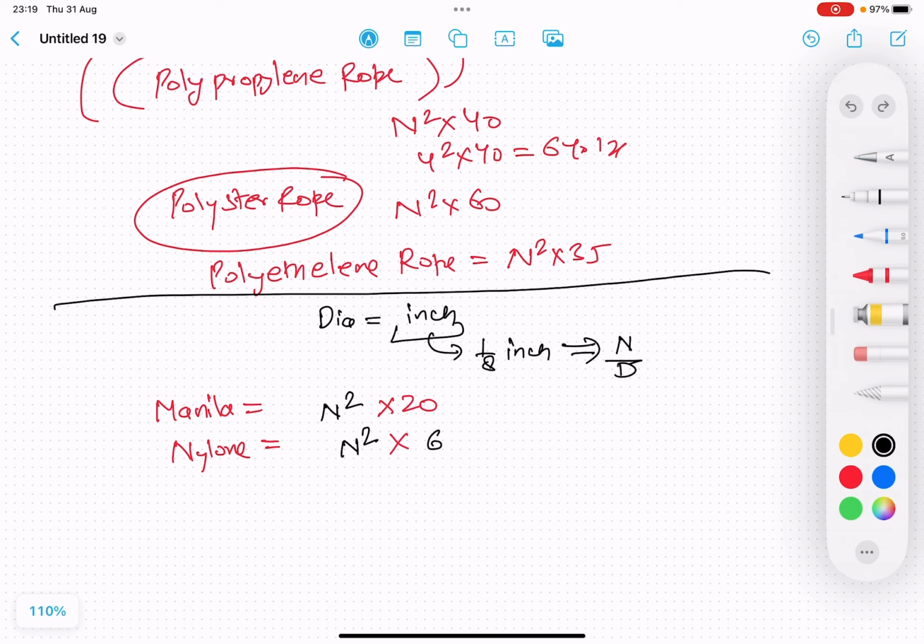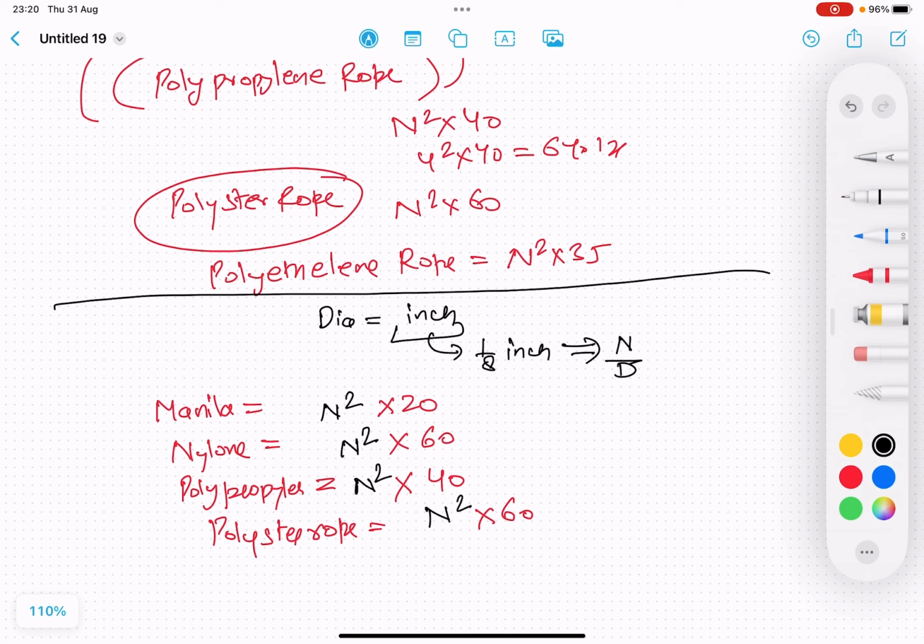In the case of polypropylene rope, it is basically n squared into 40. In the case of polyester rope, it is basically n squared into 60, and whatever, n squared is common in everyone. N squared means numerator squared. Okay, it is simple. There is no need to worry about this.